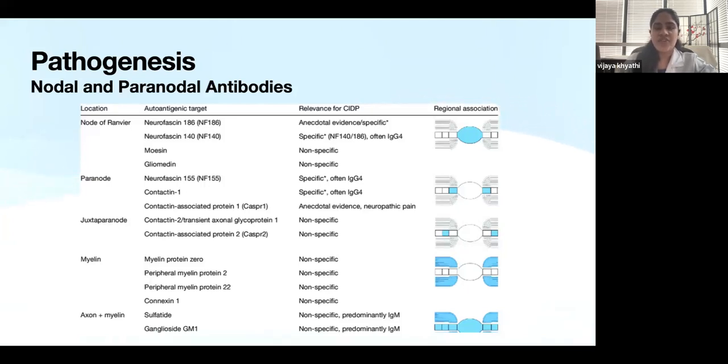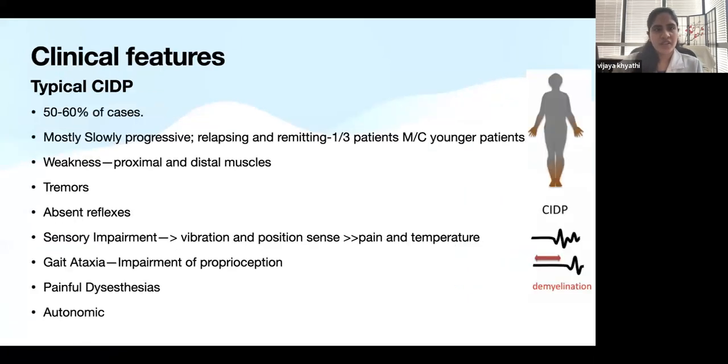These are IgG4 type antibodies. Having these antibody-positive CIDP is not of typical disease course. They are different, and the treatment also varies from the normal typical CIDP patient.